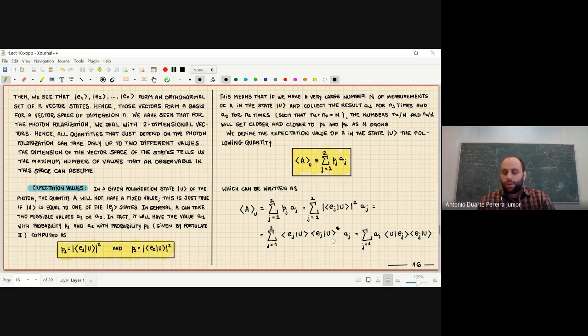So this number is this number, and I just repeat this complex number here, times Aj that I put here. So from this line to this line, I just did some algebraic manipulations and wrote the expectation value of A as this expression here.